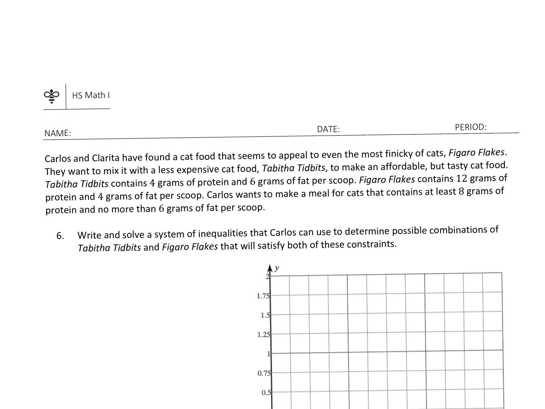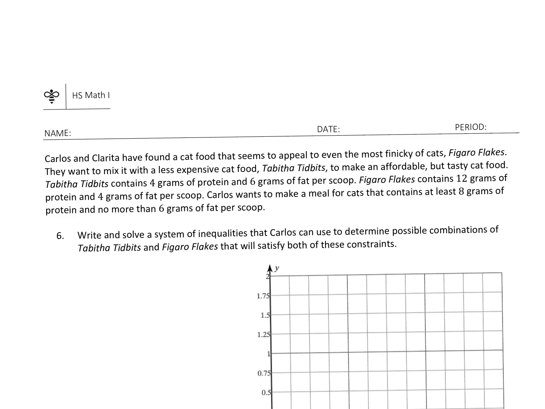Tabitha Tidbits contains 4 grams of protein and 6 grams of fat per scoop. Figaro Flakes contains 12 grams of protein and no more than 6 grams of fat per scoop. So we need to write and solve a system of inequalities that Carlos can use to determine possible combinations of each of the cat foods so that the constraints are satisfied.